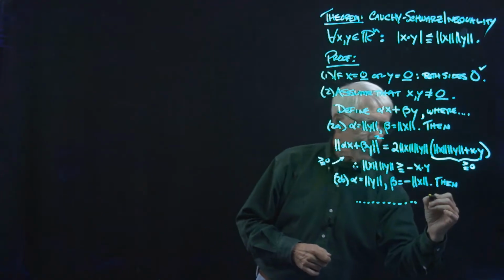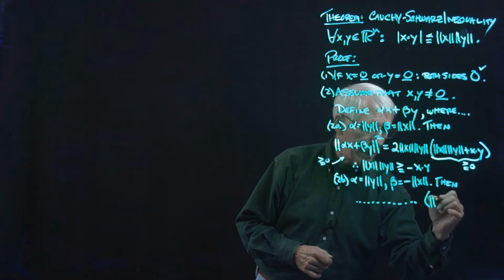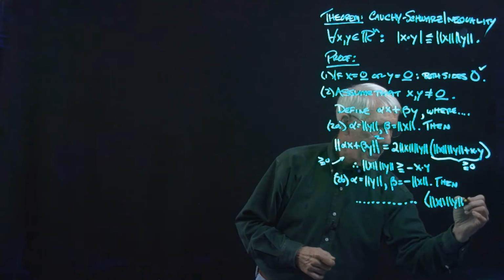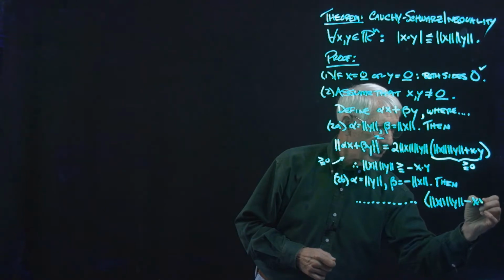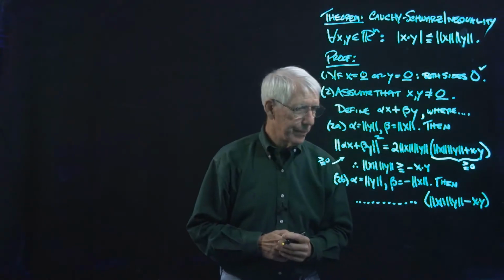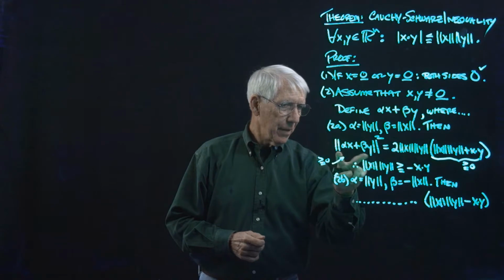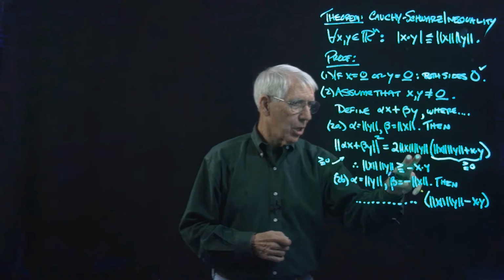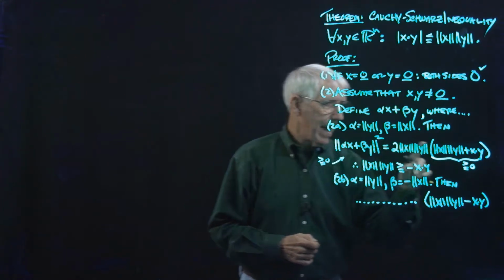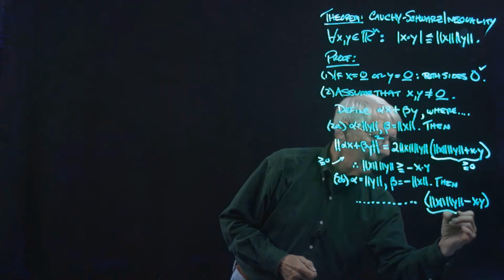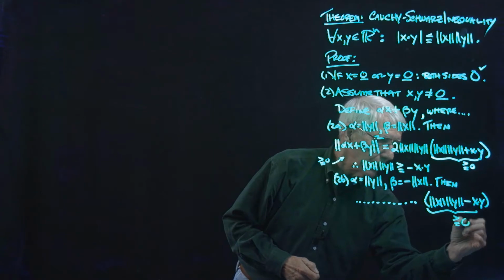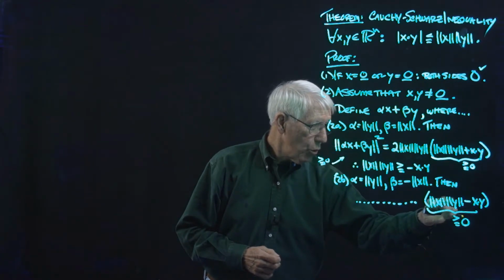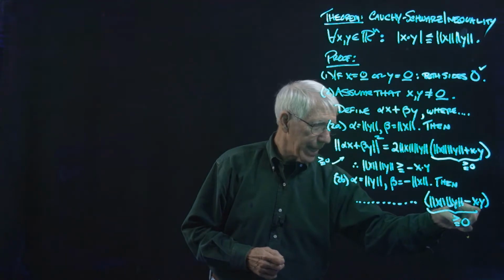Exactly the same thing, except the part in parentheses is going to be norm of x, norm of y, minus x dot y. So again, this is greater than or equal to 0. This is positive, so that means that this has to be greater than or equal to 0. But now that means that the product of the two norms is greater than or equal to x dot y.